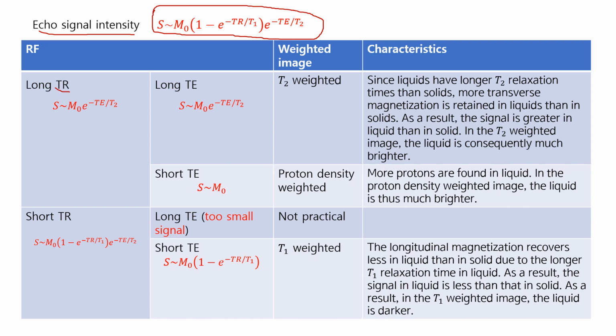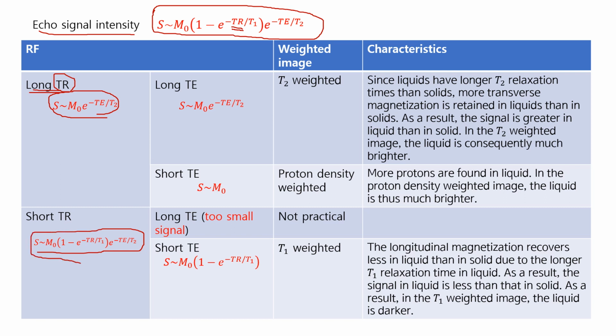And for the long TR case, we have to use very long TR, so we have to wait long, so this term will be 0, so we have the signal intensity form like this for long TR. And for short TR, we have to use the entire expression. Okay.